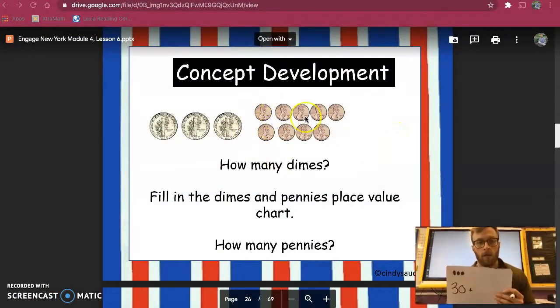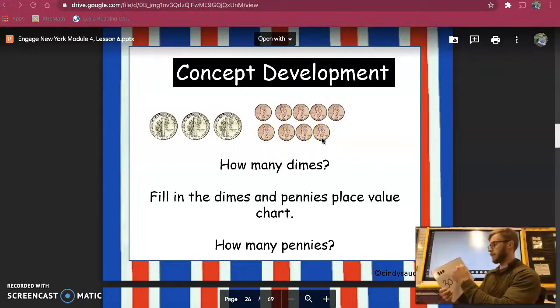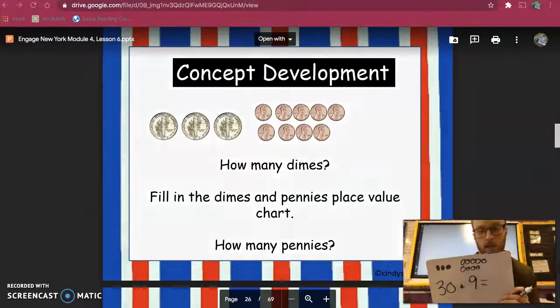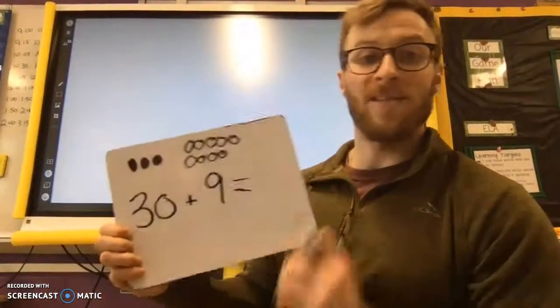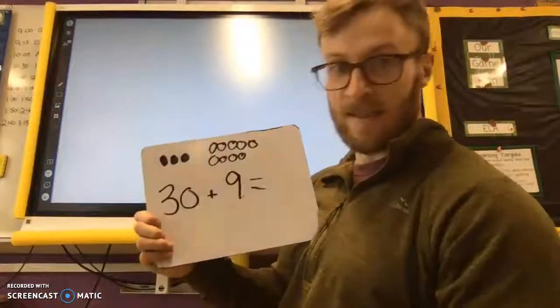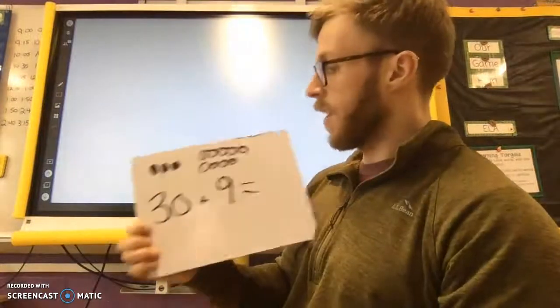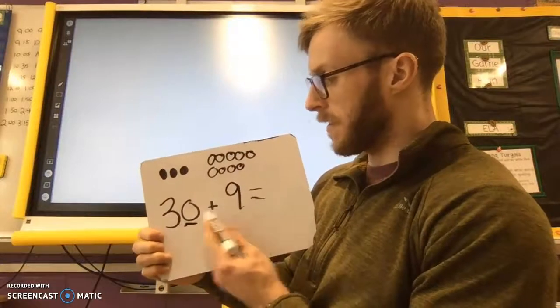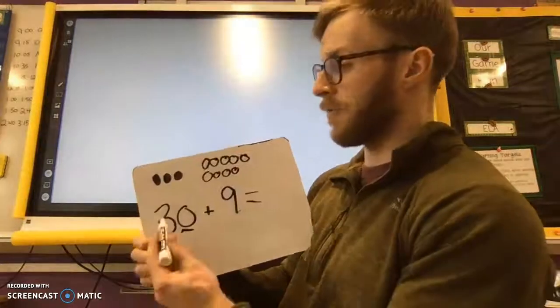Let's count together. 1, 2, 3, 4, 5, 6, 7, 8, 9. We got 9 pennies, sorry. And pennies only equal 1 cent, so that makes 9 cents. Okay? So 30 plus 9. There are 0 ones here, so we need to add 0 plus 9. It's going to be 9. So we have 39.